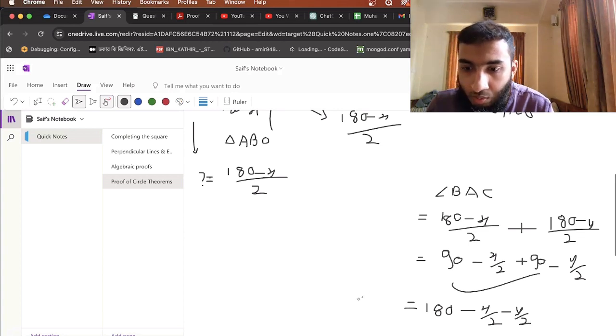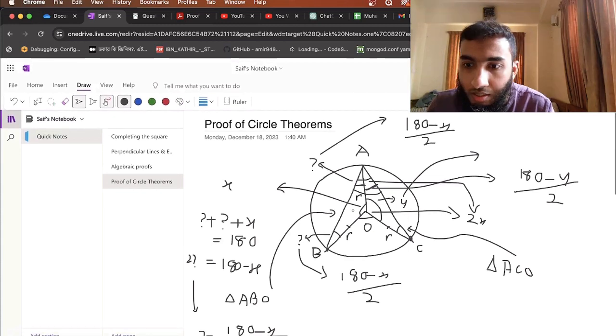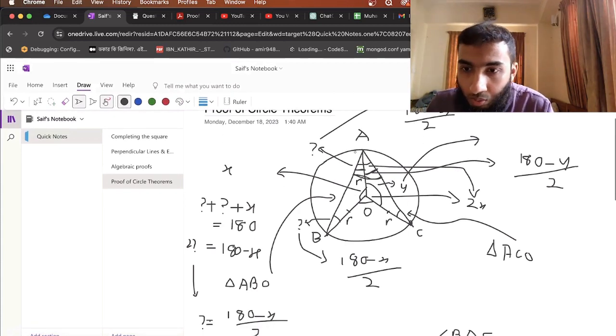So this angle, angle BAC, the angle at the circumference, we have found algebraically. So what is the angle at the center? This angle BOC.